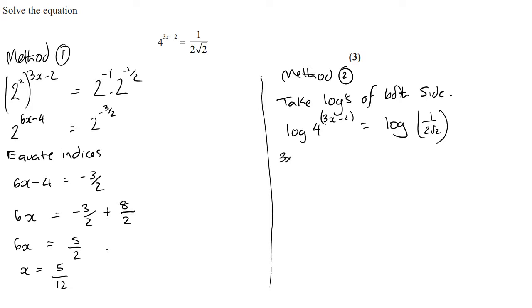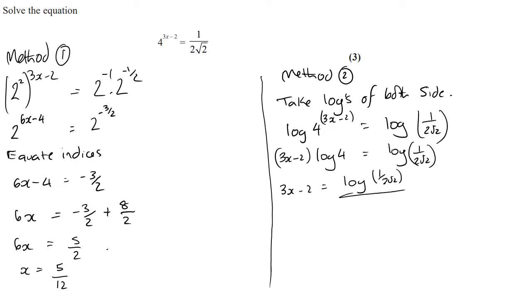So that's going to be 3x minus 2 times log 4 equals log of 1 over 2 root 2, and then 3x minus 2 equals log of 1 over 2 root 2 divided by log 4, and that actually equals minus 3/4.